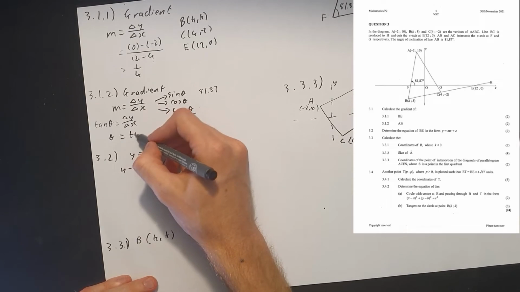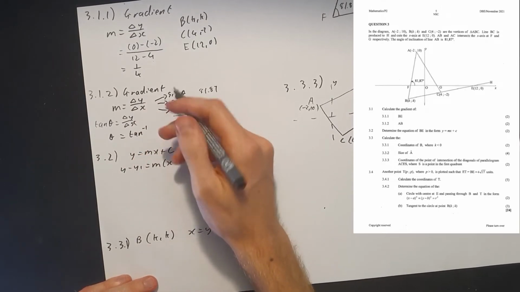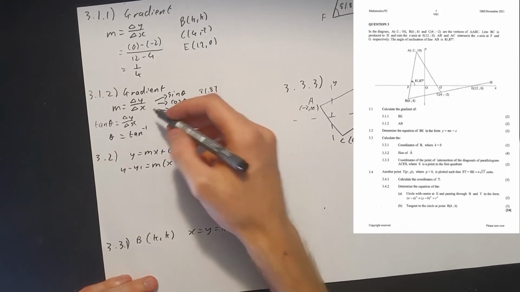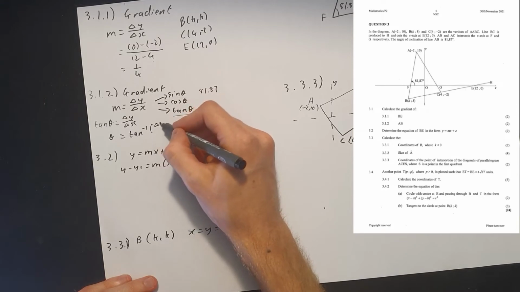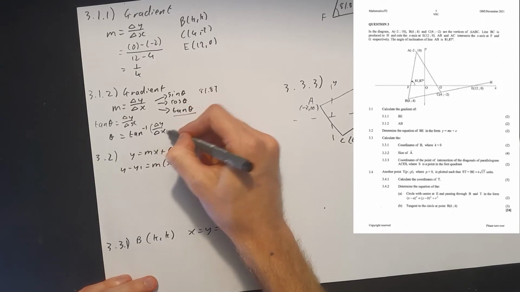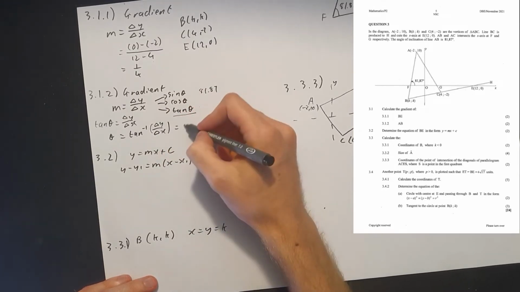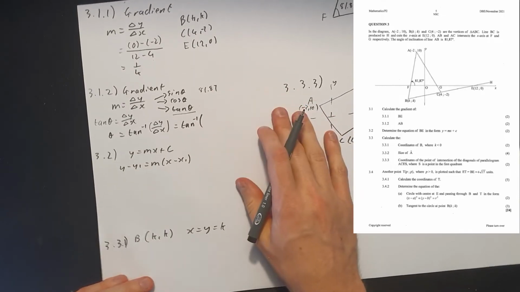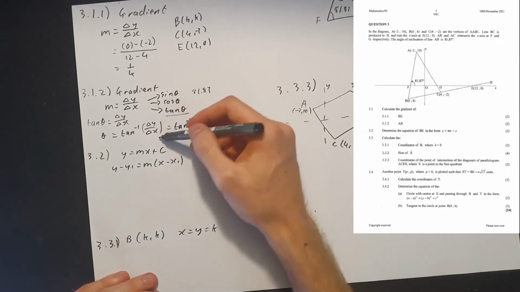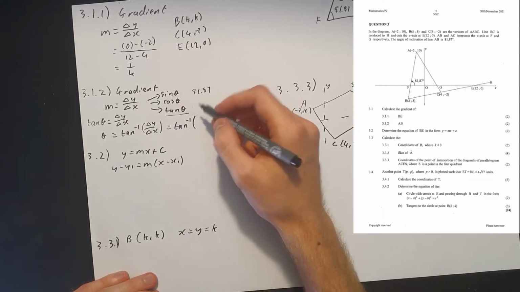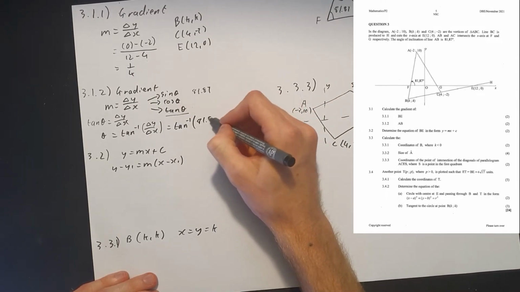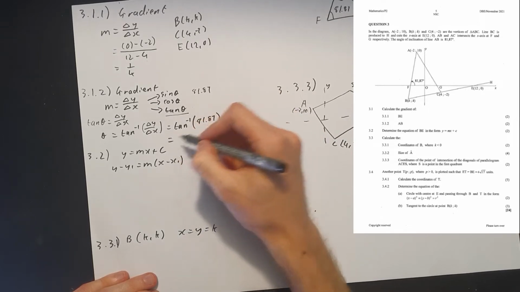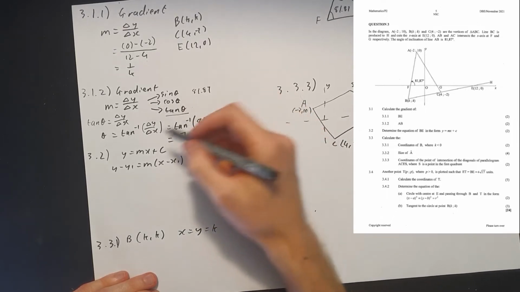It's going to be tan -1. In order to get that on your calculator, you push shift and then tan, change in y over change in x. The change in y over change in x is the angle produced there, so that's 81.87, and if you plug that into your calculator, you get a gradient of 7.